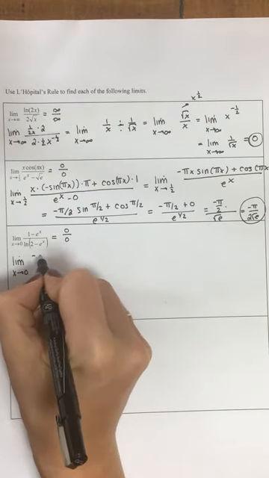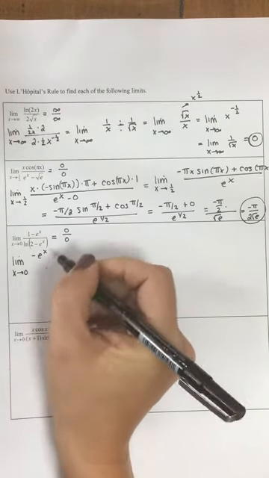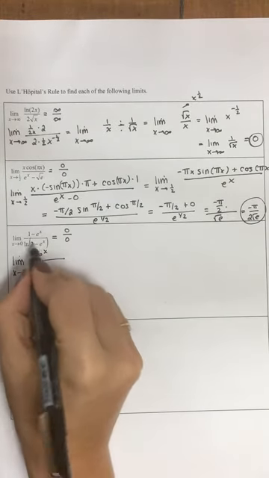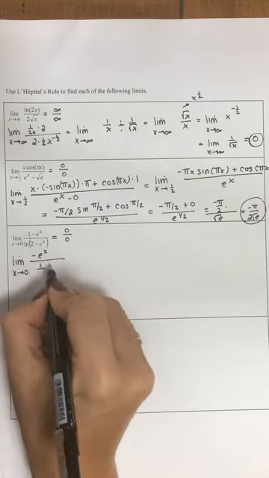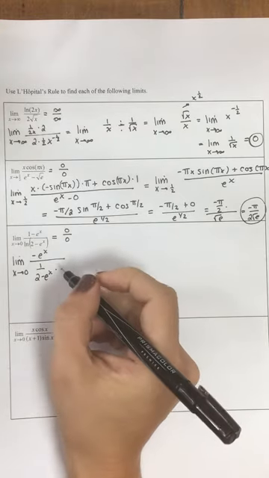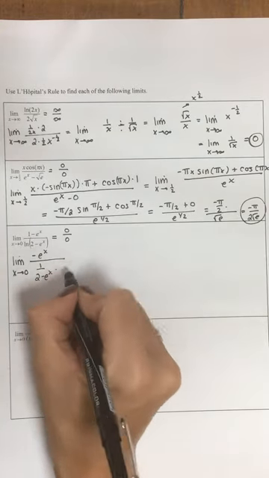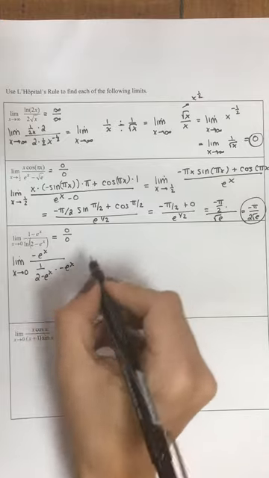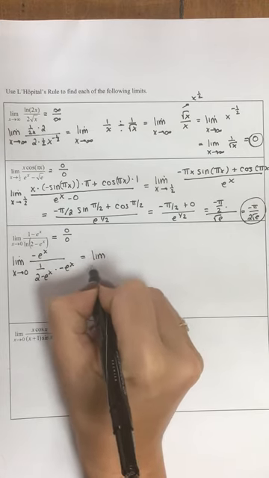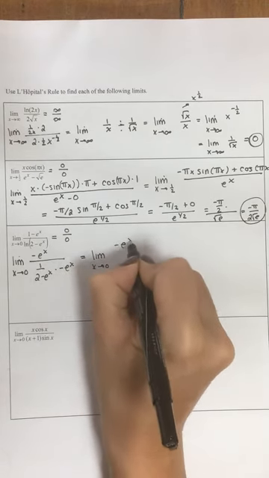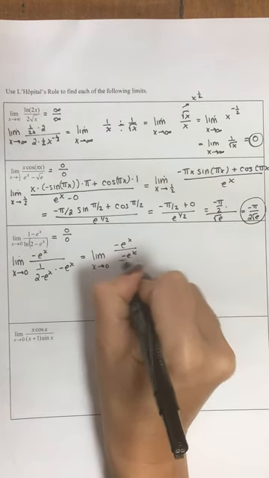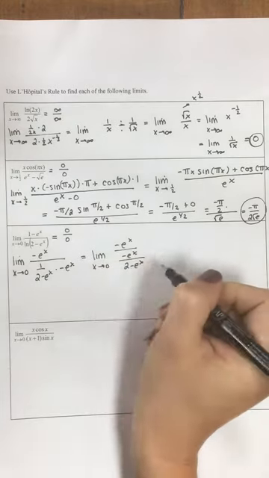Derivative of the numerator is just negative e to the x. Derivative of the denominator, natural log, we take 1 over 2 minus e to the x times the derivative of what's inside, and that's just negative e to the x. So this whole thing is equal to the limit as x goes to 0, negative e to the x over negative e to the x over 2 minus e to the x.